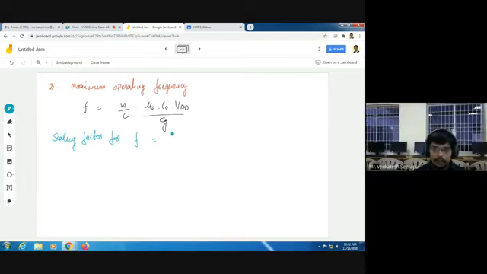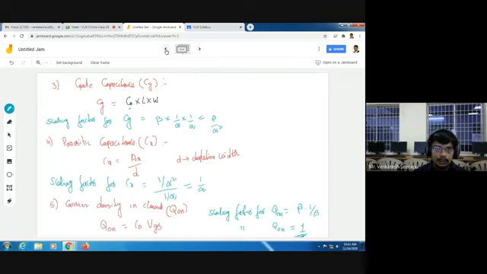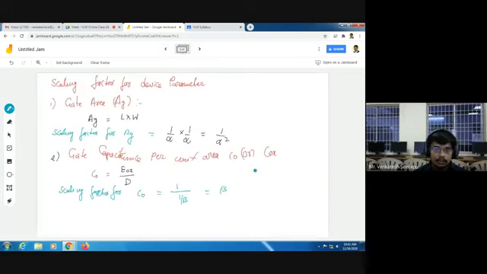So W has a scaling factor 1 by alpha, whereas L also has a scaling factor 1 by alpha. What about mu naught? Mu naught is a constant value, so it has a scaling factor 1. What is the scaling factor for C naught? We already did it. Scaling factor for C naught is beta.